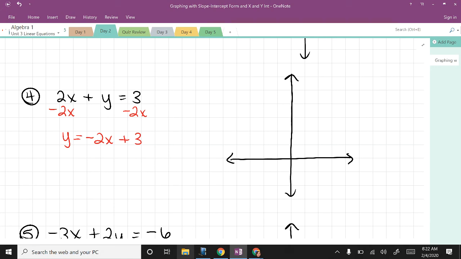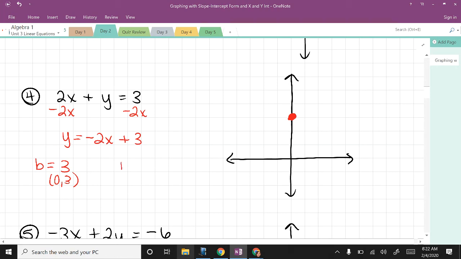Start with your B, right? Which is what number? Which is where? 0, 3 on the y-axis. Y-intercept goes on the y-axis. Very good.